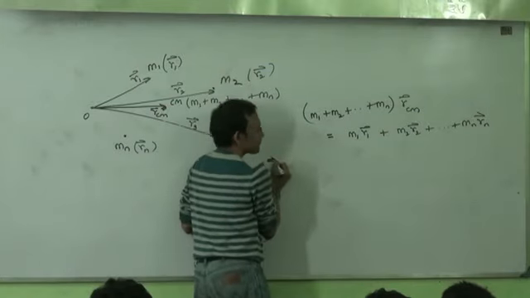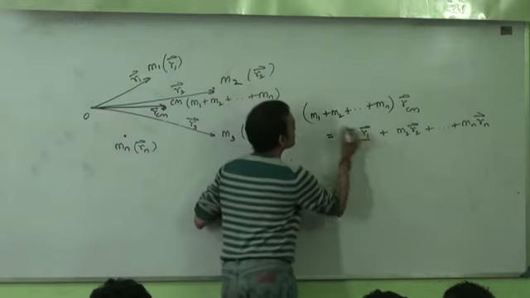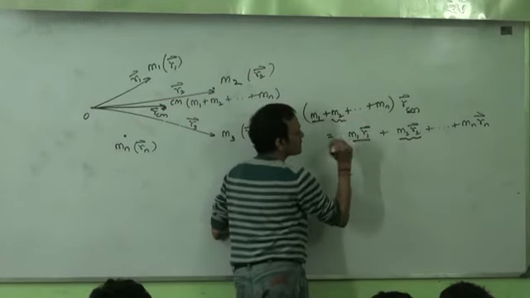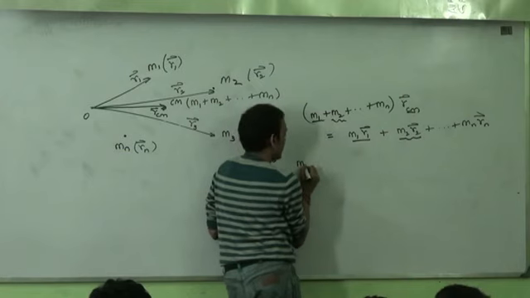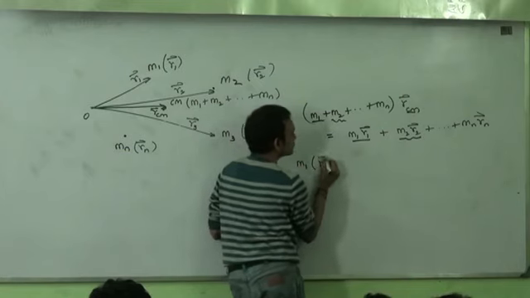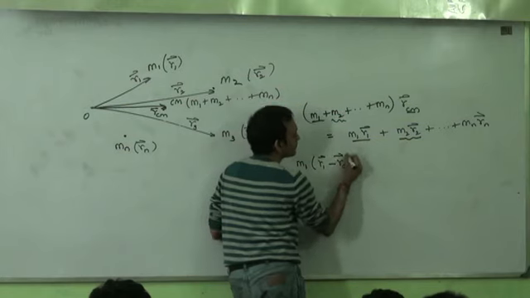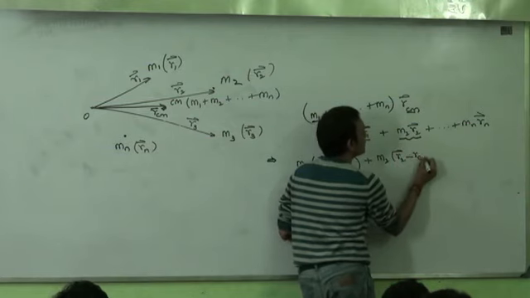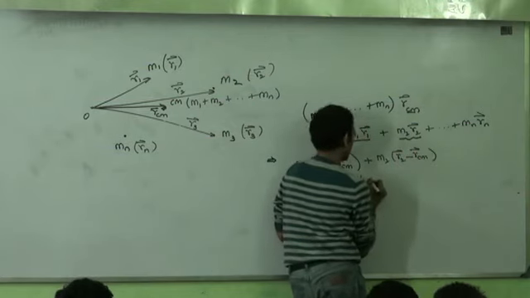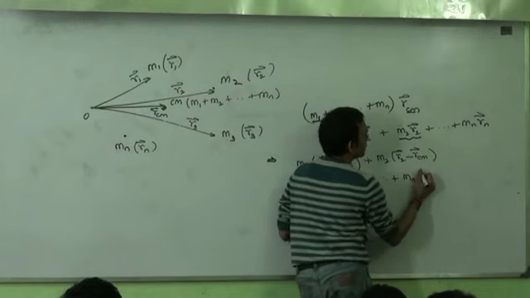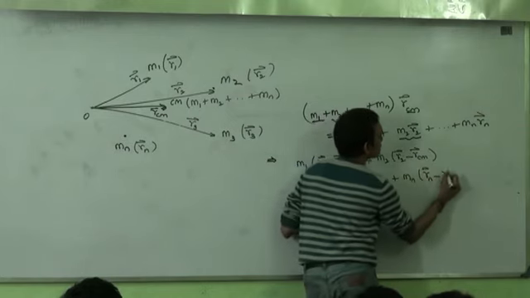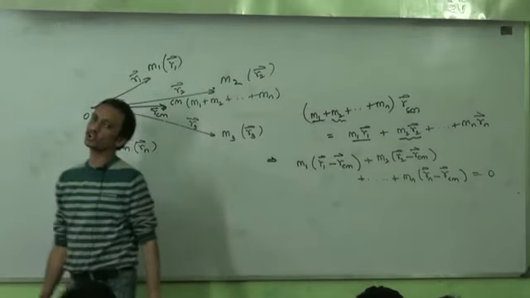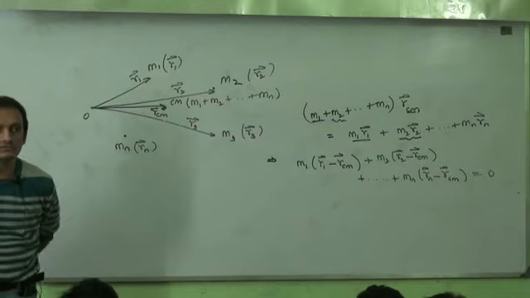Using this, if I collect this term with m1 into RCM, if I collect this term with m2 into RCM and so on and so forth, then I end up getting m1 into R1 minus RCM plus m2 into R2 minus RCM plus mn into Rn minus RCM. That must be 0. Yes or no?